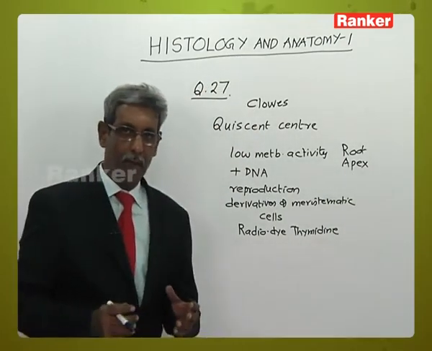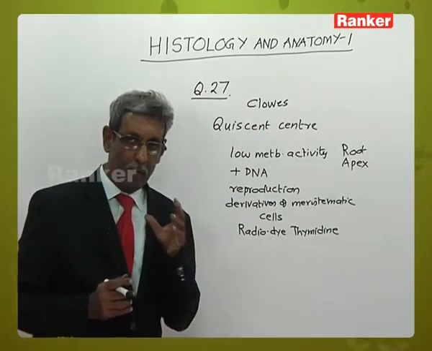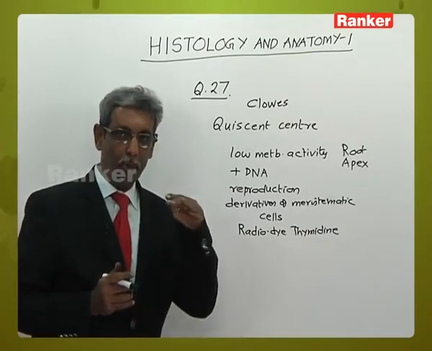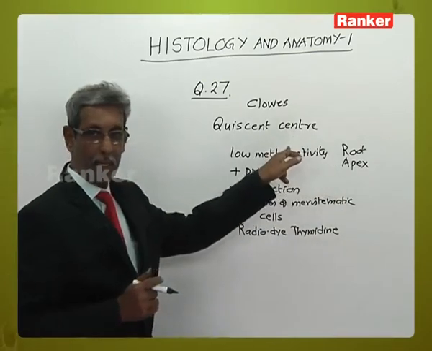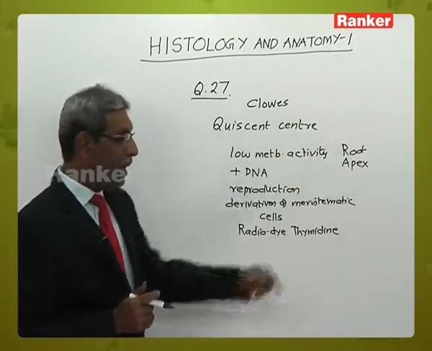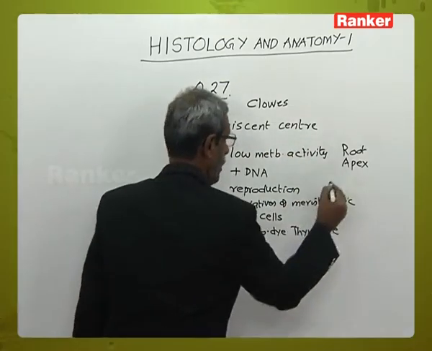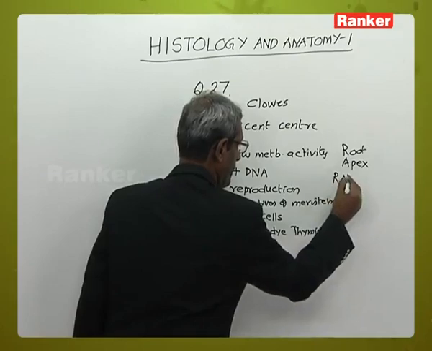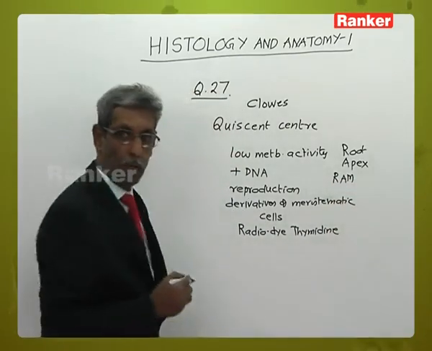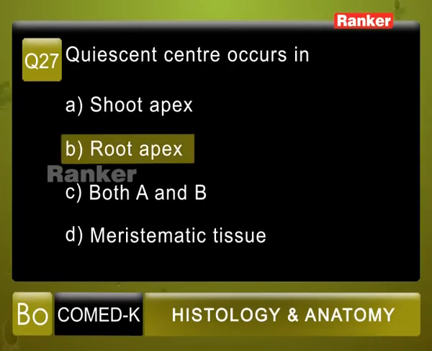We have the calyptrogen, we have the root cap, just above the root cap we have the quiescence center, and the quiescence center is associated with the root apex or root apical meristem and its organization on roots. The answer is B.